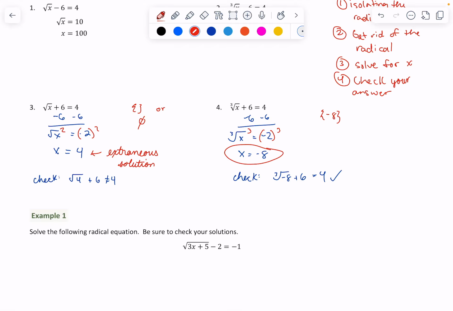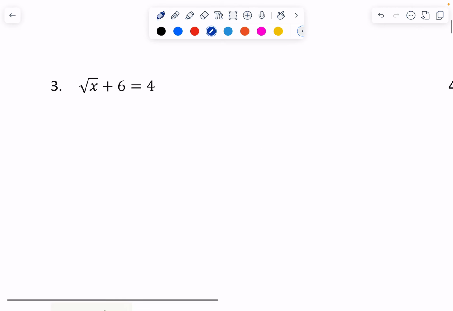Okay, now, something else that we addressed, which is important to talk about now, is the fact that for number 3, we didn't have to go through the entire process solving for x in order to realize that this has no solution. All we had to do was isolate the radical and analyze the equation. If you have the square root of x equals -2, the square root of any number will always result in a positive value.